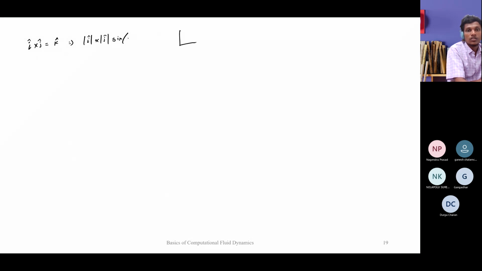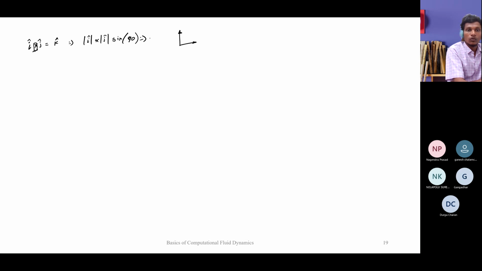Keep in mind that earlier we did the dot product, and now we are doing the cross product. So it is modulus of i cap times modulus of j cap times sine of 90 degrees. What will it give you?